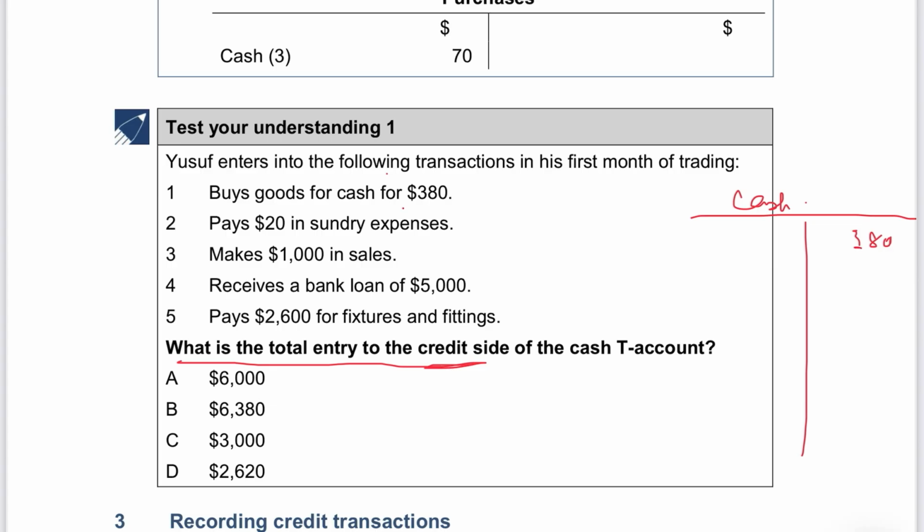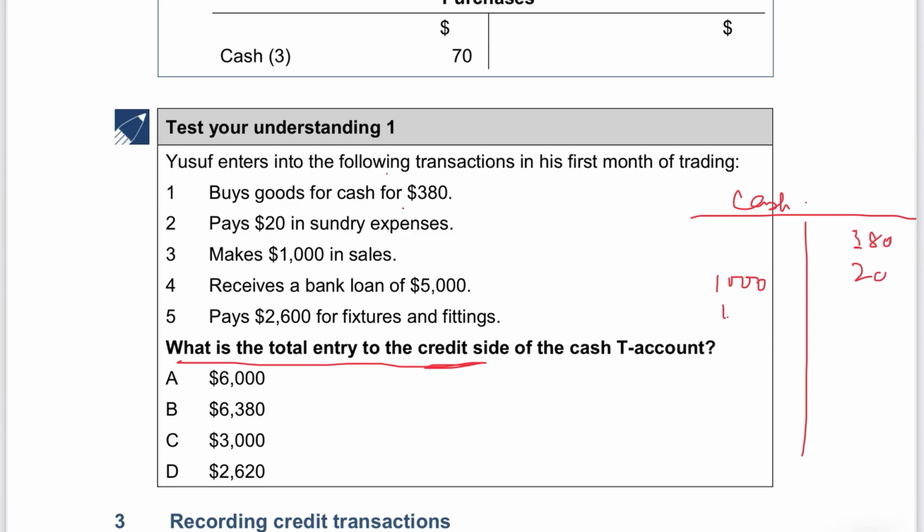Now he pays $20 in sundry expenses. Now he makes 1000 in sales. It means cash is coming in. Then he receives a bank loan of 5,000, right? Cash is coming in.